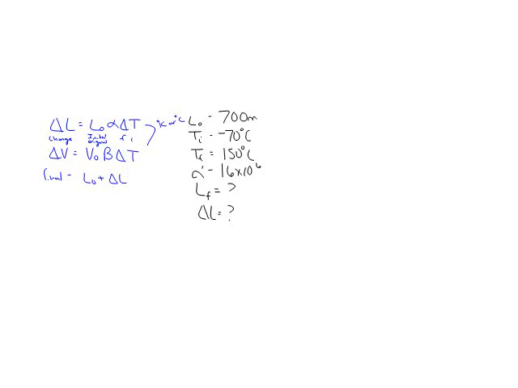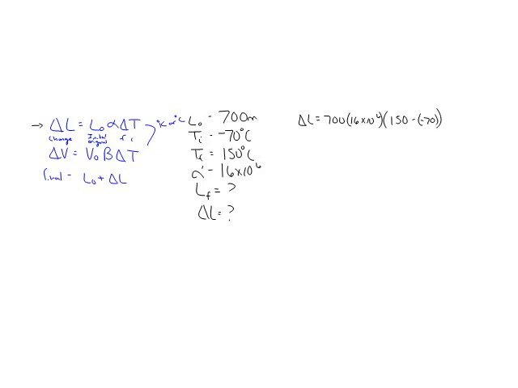So we're going to use this equation. Plug it in. Delta L is going to be 700 times 16 times 10 to the negative 6, and then final temperature minus initial temperature. Make sure you have that negative, making it a positive.